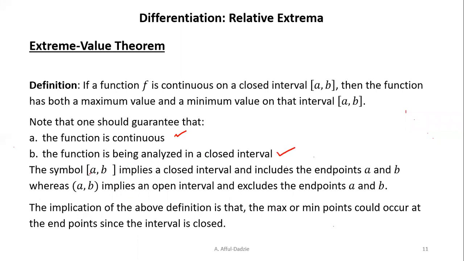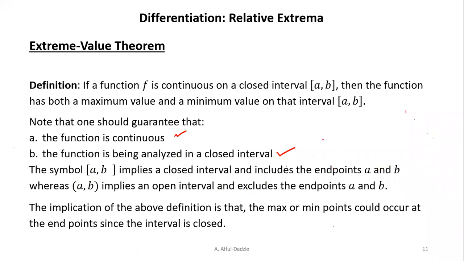The symbol [a, b] in square brackets implies a closed interval, and it includes the endpoints a and b. Whereas when we have normal brackets (a, b), it implies an open interval and it excludes the endpoints a and b.